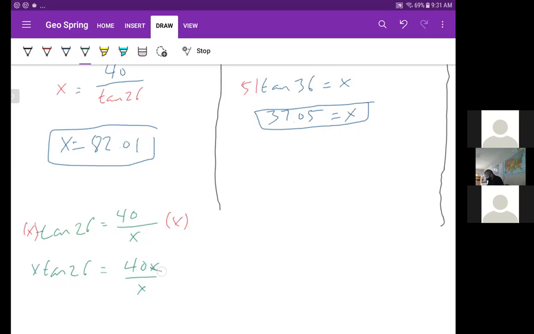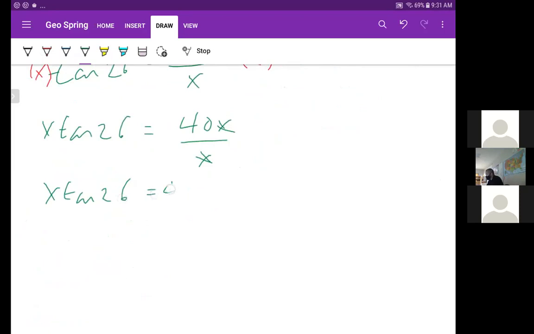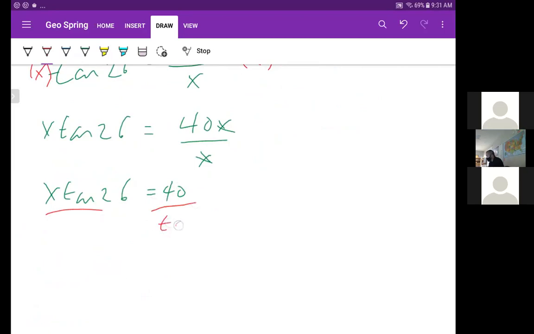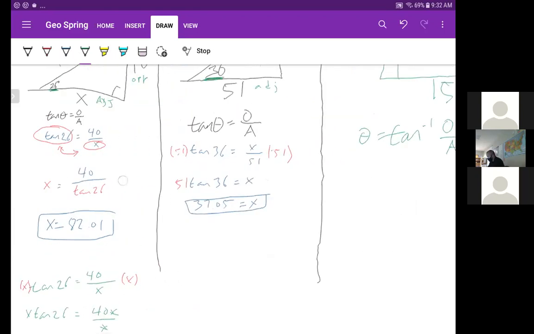Then these x's reduce. So you just have x tangent 26 equals 40. Then what I'll do next is divide both sides by tangent 26. So this will reduce. You have x equals 40 over tangent 26.